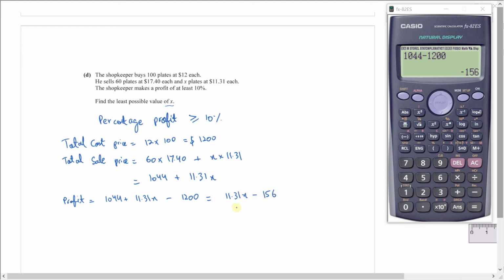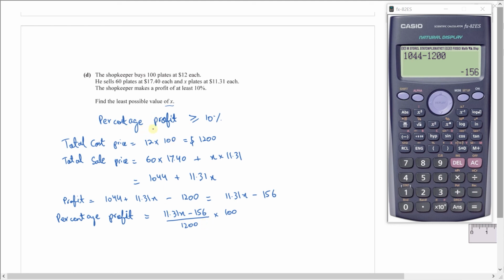This is the profit. But we need to calculate the percentage profit. So percentage profit will equal the profit, which is 11.31X minus 156, divided by the cost price, which was 1200, multiplied by 100. So this is our percentage profit.